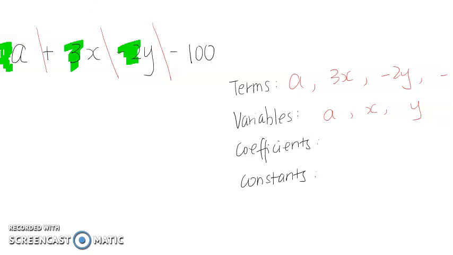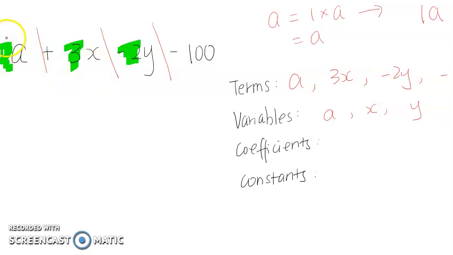Let's think about it this way. A can be equal to 1 times A. And 1 times A gives us what? It's A. And in algebra, we can also write 1 times A as 1A.